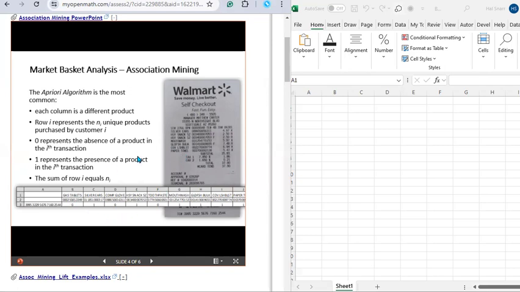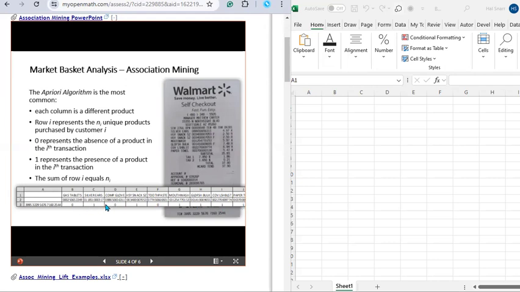So imagine this is just a very small subset of products available at Walmart. Imagine every product that Walmart could sell. There would be a column for each one of those. This is the transaction number right here.